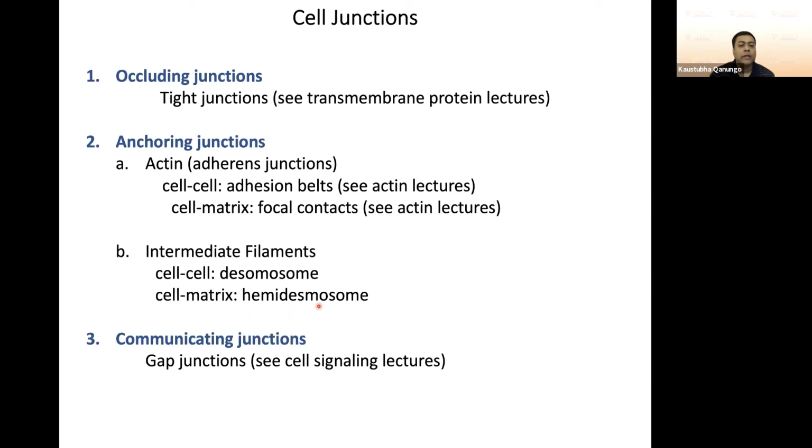And usually these hemidesmosomes will keep these cells attached to the basement membrane. So that is a cell-matrix interaction, and your basement membrane is an extracellular matrix. And we'll see that. And the last thing that we're going to talk about is the communicating junctions, which are gap junctions. And we talked about that just briefly, just as an example.